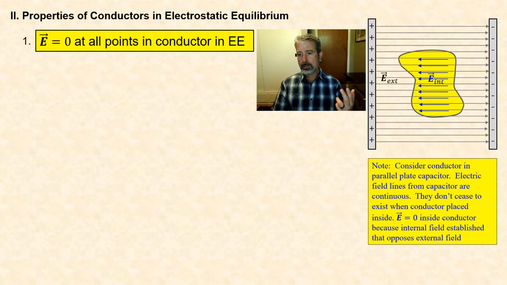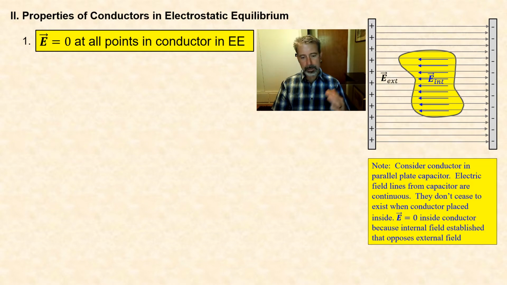So those field lines from the capacitor that go from one side to the other, they don't stop when they get to the conductor. They don't cease to exist when you place the conductor inside. The electric field is zero inside of the conductor simply because an internal field is established that opposes the external field.